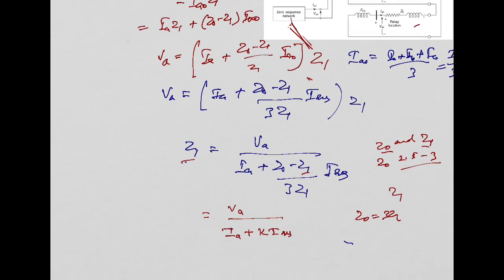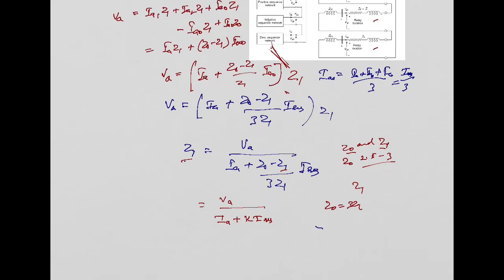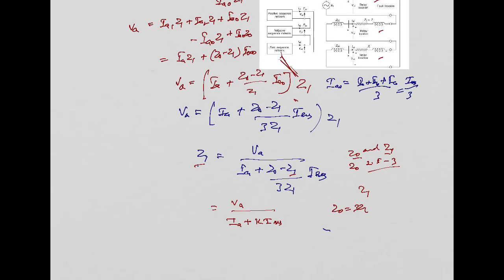So what is the value of K in that case? The value of K is equal to (Z0 minus Z1) divided by 3 Z1.